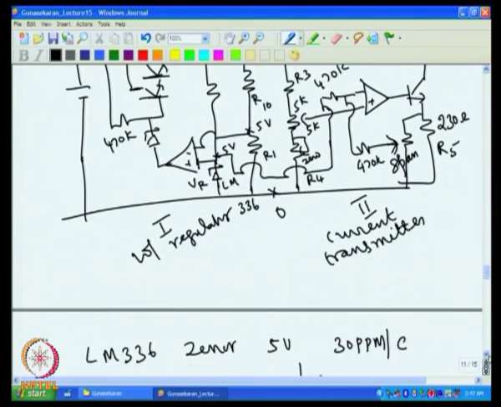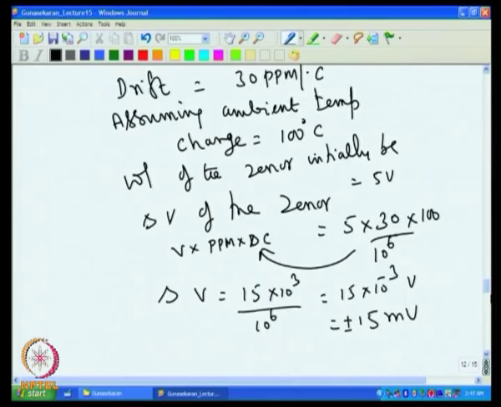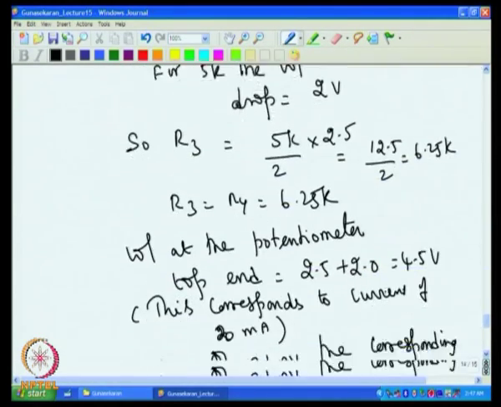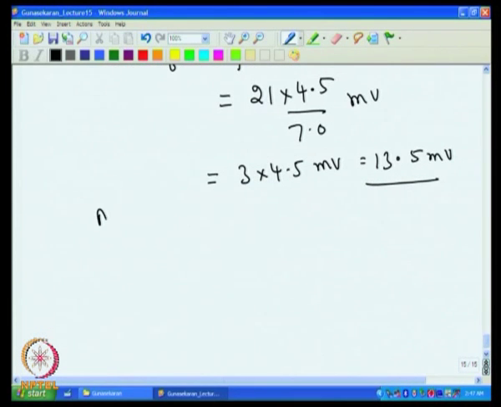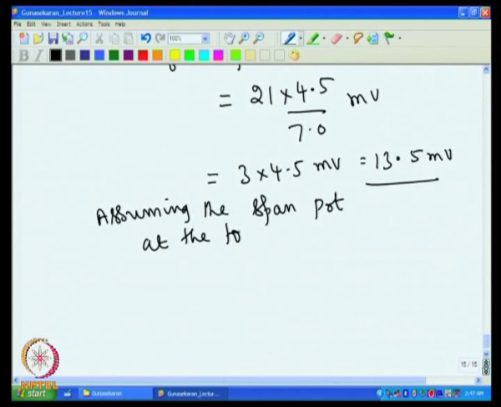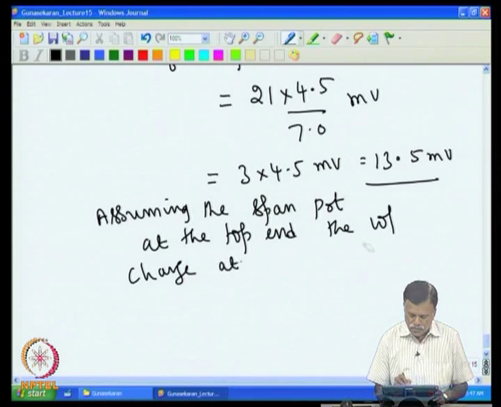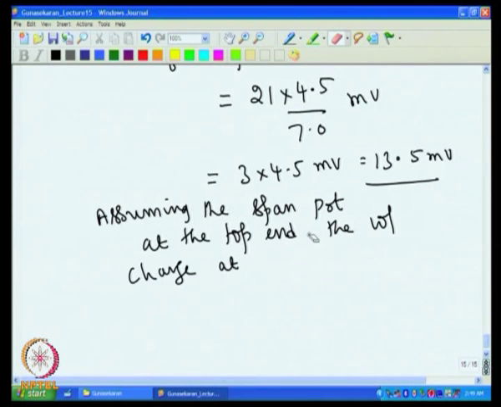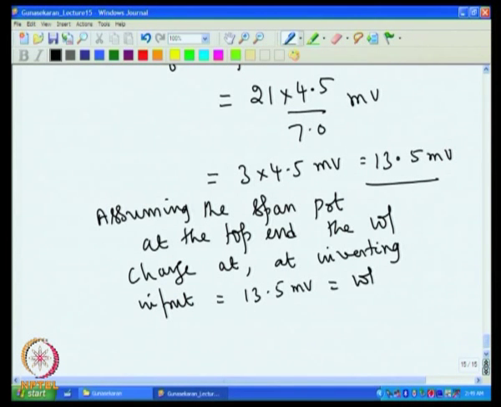So, assuming the span pot is at the top end, the voltage change at the inverting input is equal to 13.5 millivolt, that is equal to the voltage change at the non-inverting input.